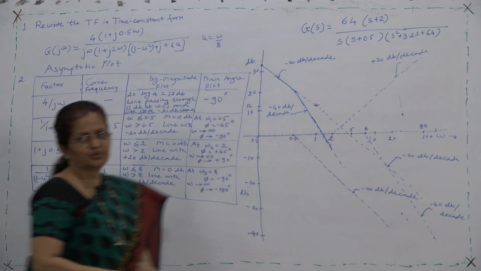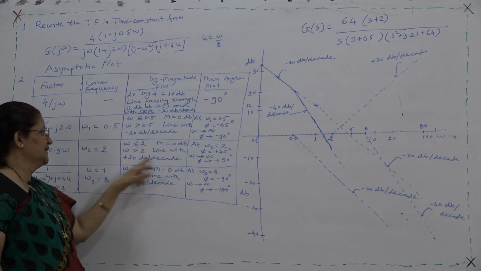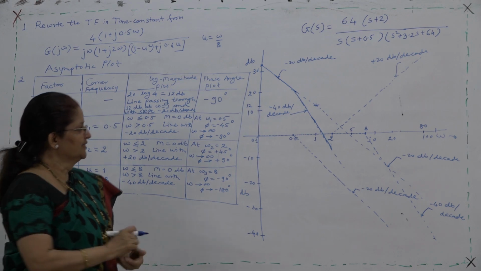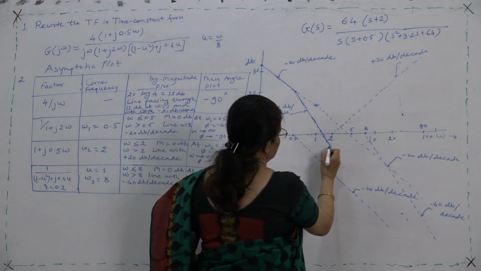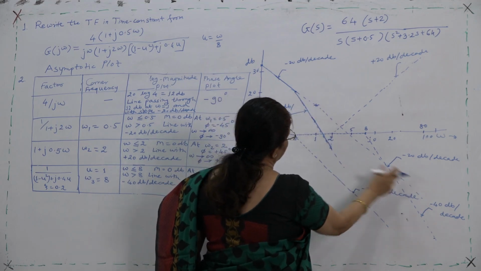What will happen after 2? After 2 third factor will contribute, because till 2 contribution is 0 dB. Now, when omega is greater than 2, line with plus 20 dB per decade we have to draw. So, till 2 whatever point you will get here, this is the line with minus 20 dB per decade.